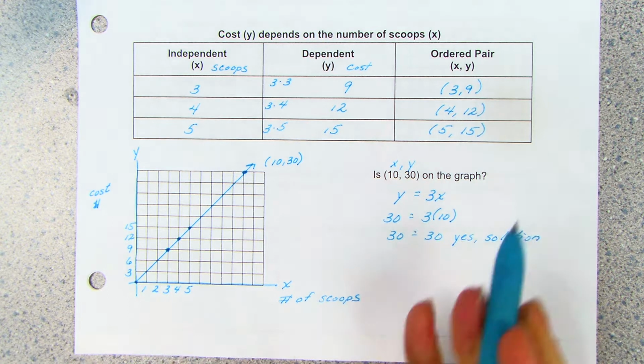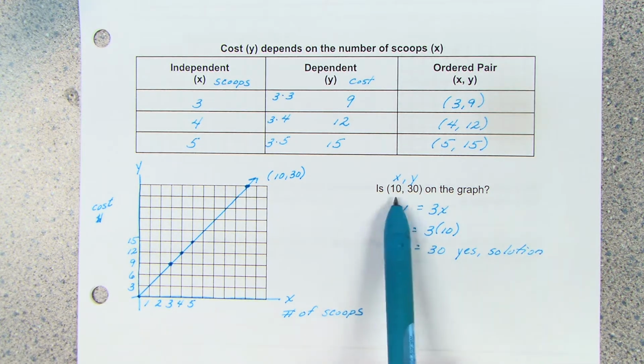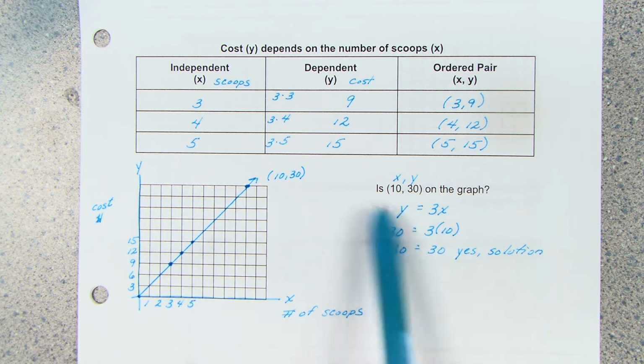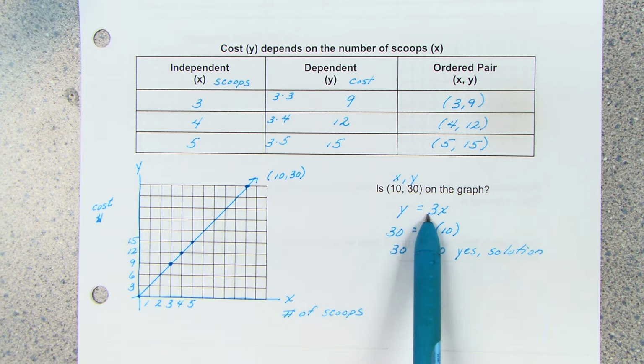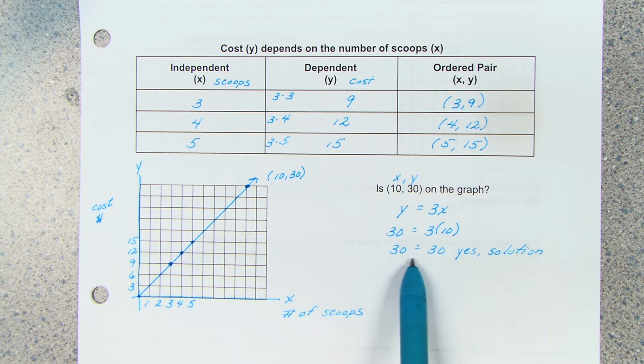So everything goes together. If you take a point on this line, it should make this equation true. You can check to see that a solution is true by substituting it in, and it will be an equals.